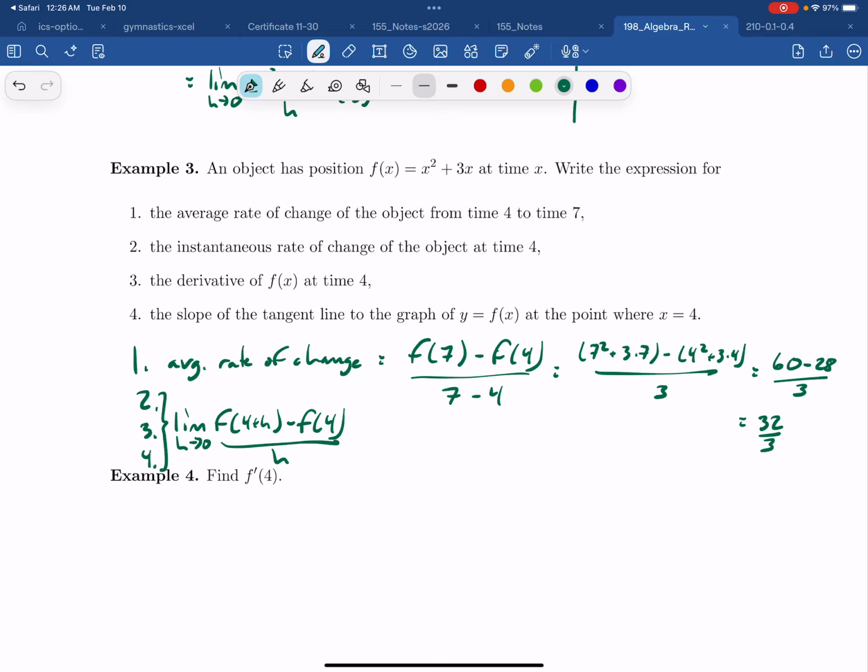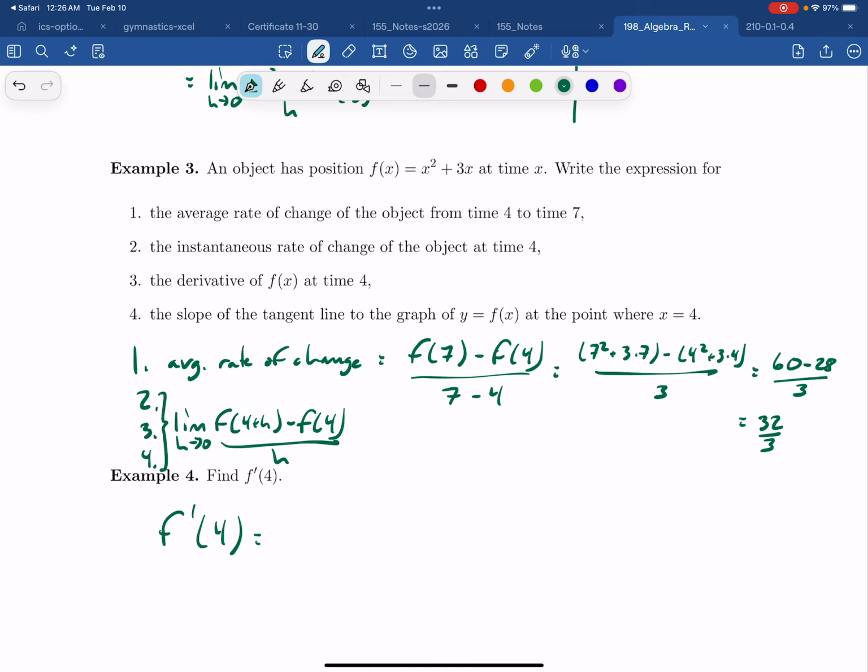So all of these are really the same thing. This is just to show you that I could ask you to find the derivative in a million different ways. Let's actually do it: f prime of 4. We answered question 1, so let's answer questions 2, 3, and 4.